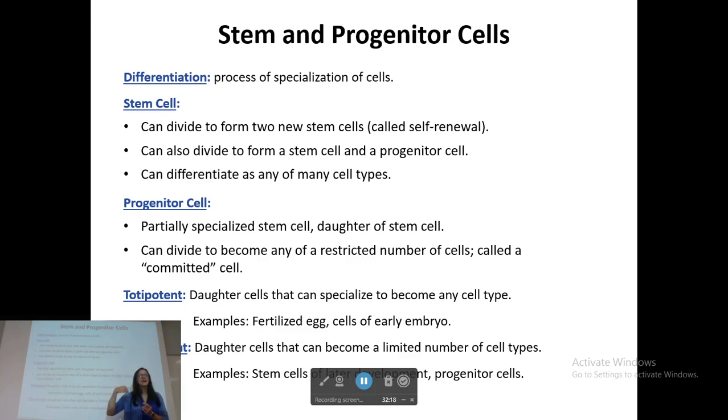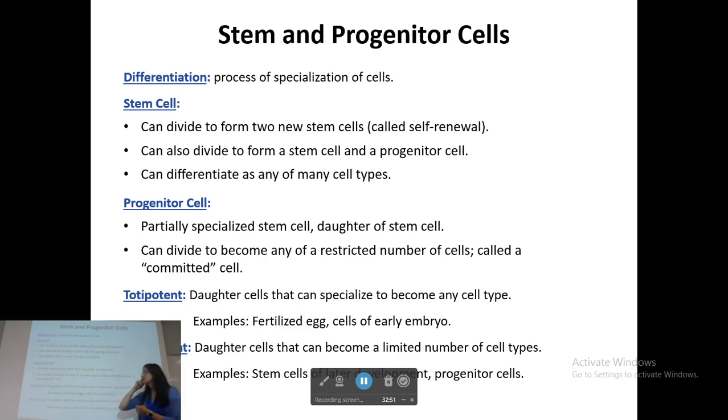Okay, meaning that it has a certain pathway that it's going to go down. Okay, it's not just going to keep dividing and producing stem cells. It's going to divide and produce a particular type of cell. Right? So the progenitor cells are partially specialized stem cells. They're the daughter of the stem cell, and they can divide to produce a restricted number of cells. They're committed. They're more determinate.